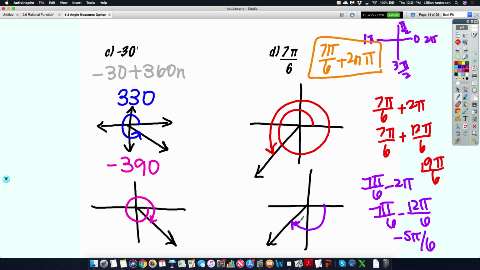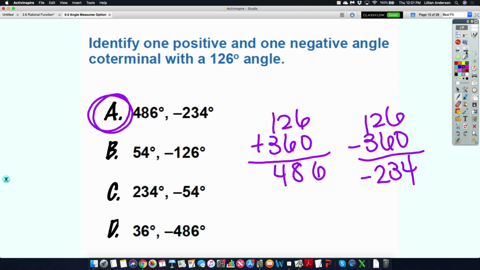And then vice versa. If the angle's negative, then you're going to go around for the negative angle, but just till you reach it for the positive. So look at this one. You see here for this positive angle, we just went around to meet it. But for the negative angle, we had to pass it and then go all the way around. Okay. All right.